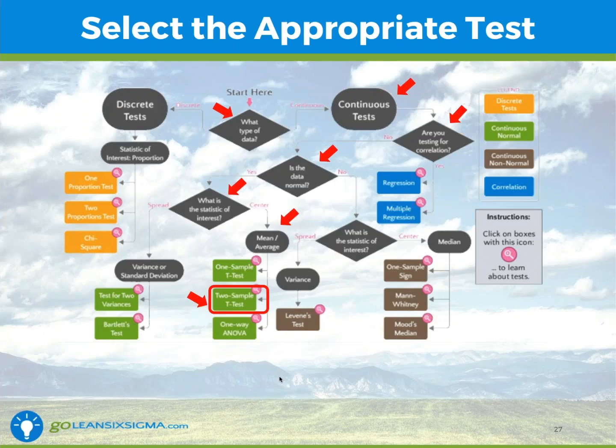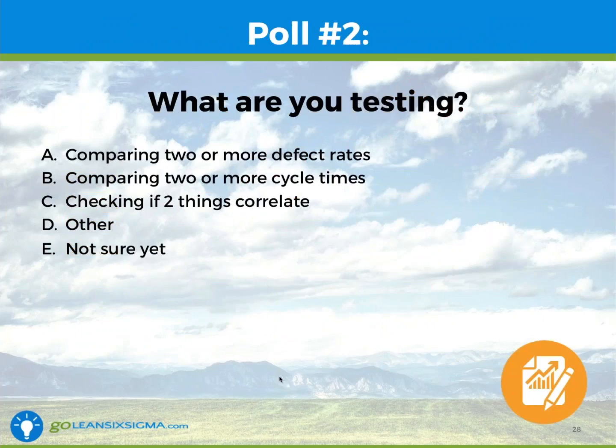And let's get some more information from you guys. Some of you, I'm sure, are going to say you don't know yet, but these are the questions for you. Are you comparing 2 or more defect rates? Is this discrete data, proportion defective? Or are you comparing 2 or more cycle times? That's a very common thing to look at in process improvement.